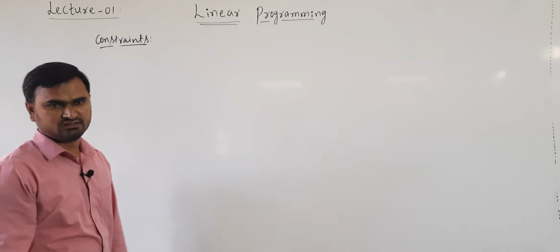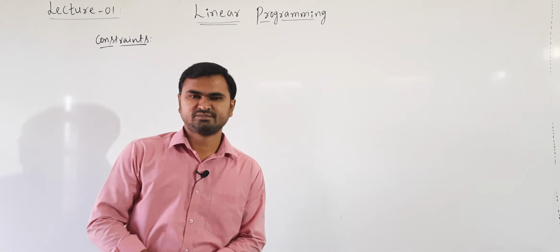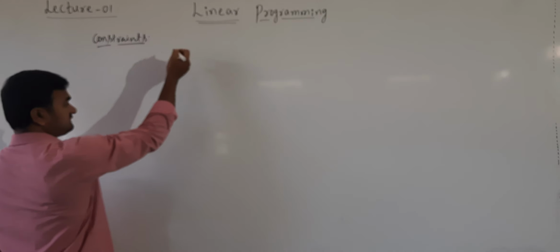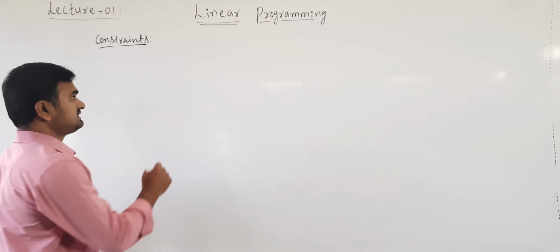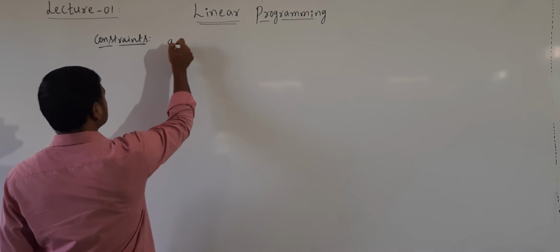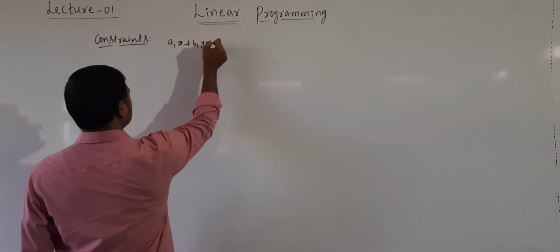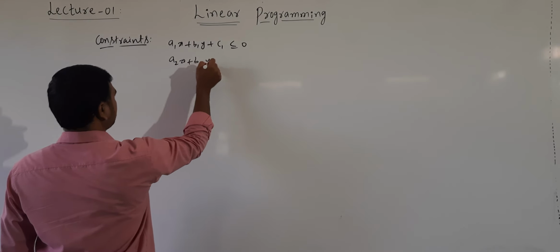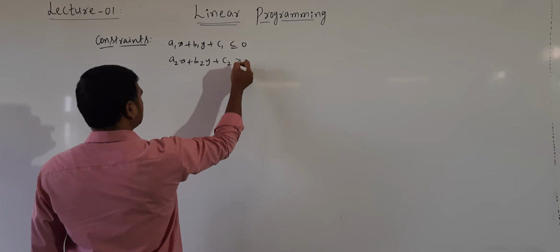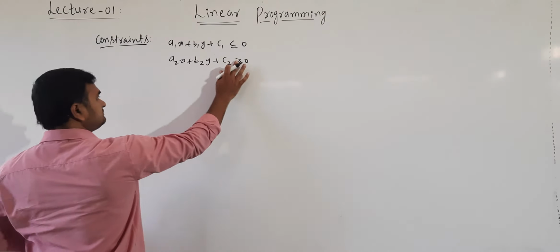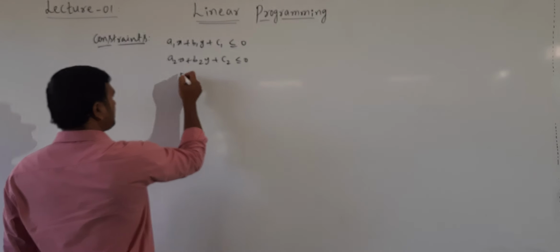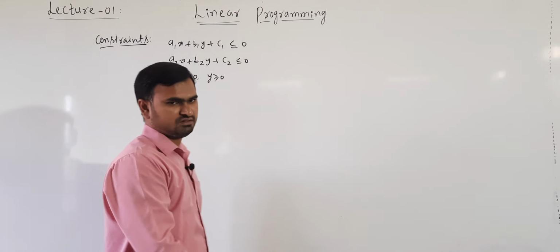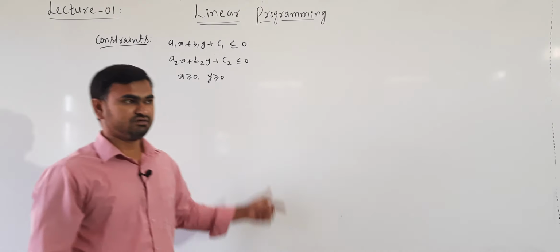First I will take it theoretically, then we will solve numericals based on these constraints. Suppose we have linear inequalities like this: a1x plus b1y plus c1 less than or equal to 0, a2x plus b2y plus c2 greater than or equal to 0, here less than or equal to 0, x greater than or equal to 0, y greater than or equal to 0. So constraints we write in the form of linear inequalities like this.